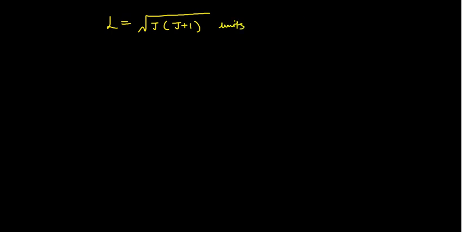What is the meaning of the units? Units is simply the value of h cross, and h cross is h on 2 pi. As I already told you, the rotational angular momentum is quantized in units of h upon 2 pi.